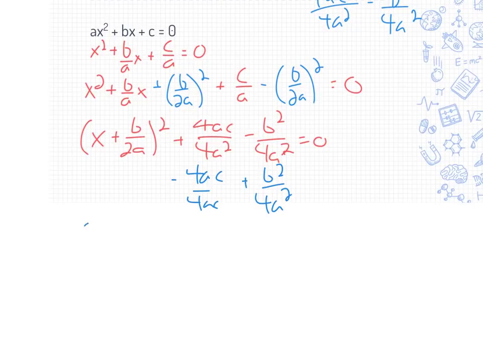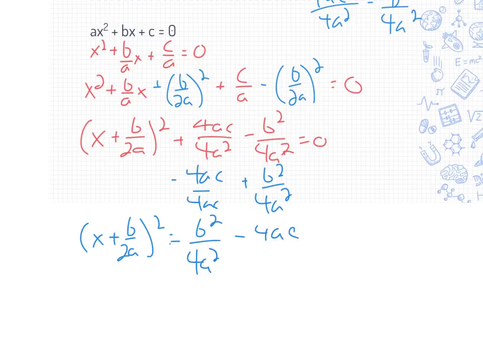And so that gives us x plus b over 2a squared equals b squared over 4a squared minus 4ac over 4a squared.